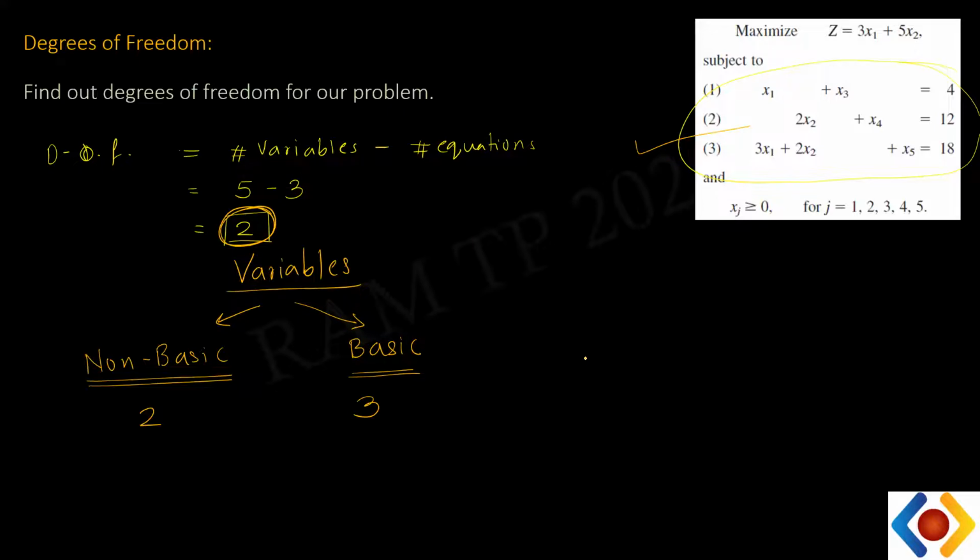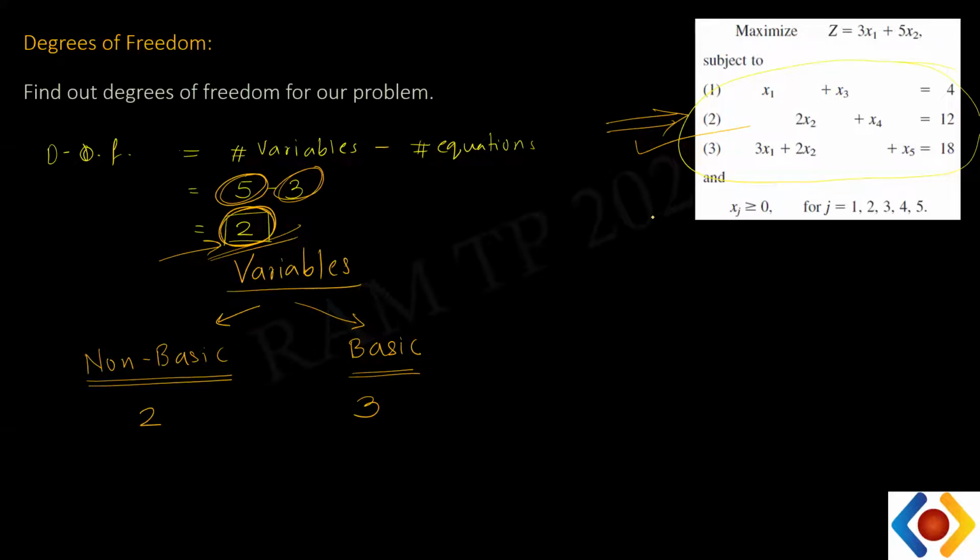I will repeat one more time. How many total variables are there? 5, right? How many equations are there? 3. So what is the degree of freedom? 2, 5 minus 3. What this 2 is telling me is that if I have to solve this system of equations, I have to assume the value of 2 variables.